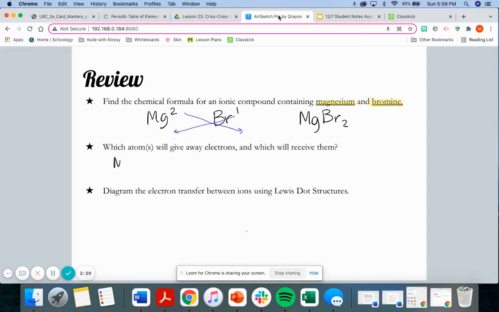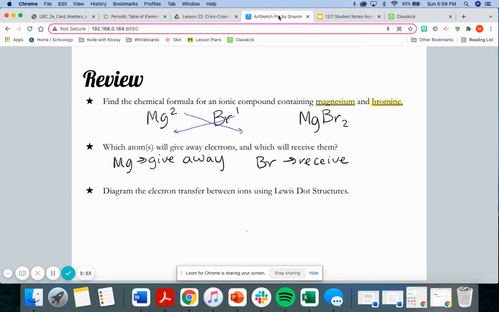Like we already discussed, magnesium will be giving away these electrons, specifically 2 electrons from its valence shell, and Br will be receiving those electrons.